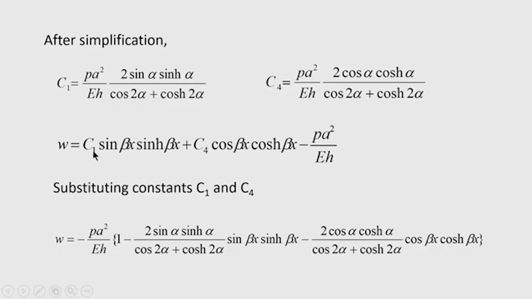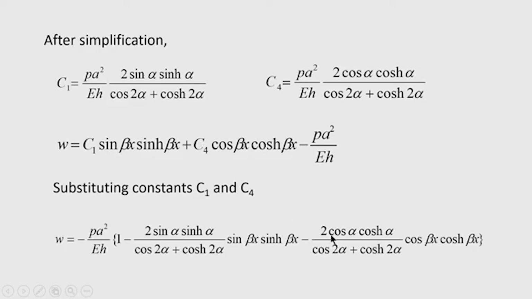So, therefore, substituting C 1 as this quantity and C 4 as this quantity in this expression, we can now get the equation in this form: W is equal to minus p a square divided by E h into 1 minus 2 sin alpha sin hyperbolic alpha divided by cos 2 alpha plus cos hyperbolic 2 alpha into sin beta x sin hyperbolic beta x, that means this term.